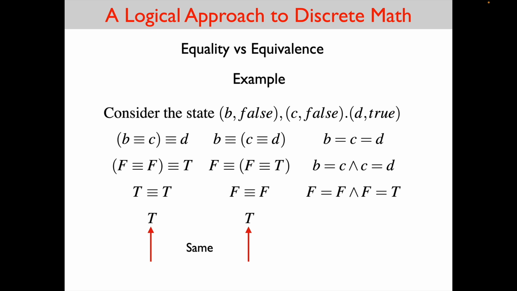And false equals true, that's false, right? So we have true and false. But what is true and false? That's false. And that's not the same as if it were associative. So that's an example to show that associativity and conjunctivity are different.